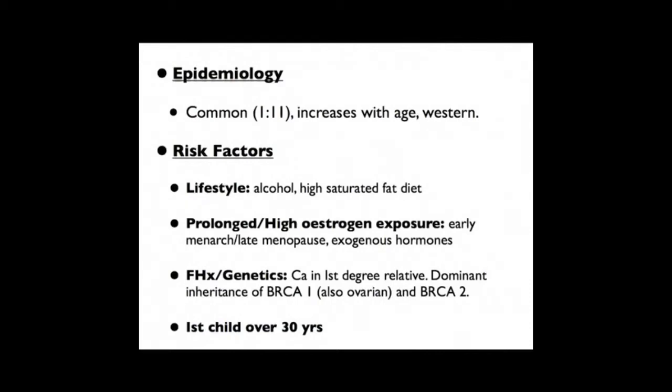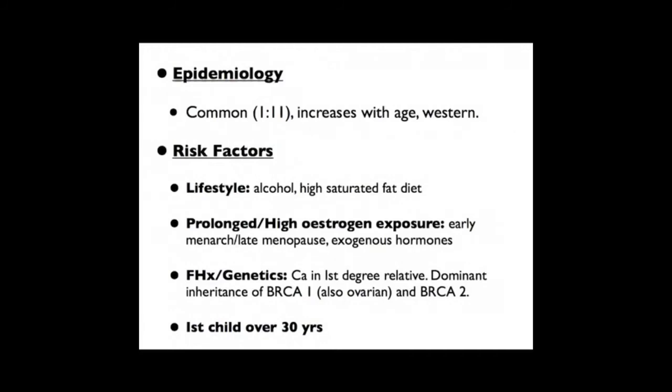So you want to know when the girl first had her period and when the menopause occurred. And obviously, the earlier the first period and the later the menopause, the more risk you're going to have of breast malignancy. As also said earlier, you need to ask about exogenous hormones as well, such as the pill and HRT.